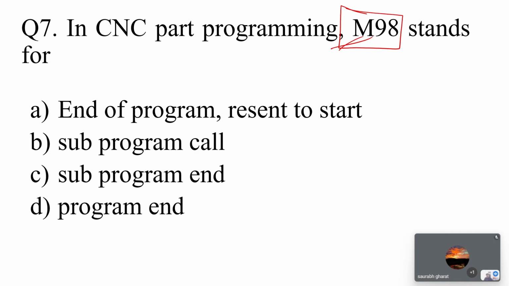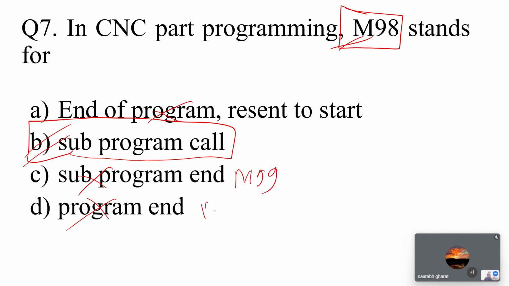So I told you M98. Okay, so end of the program and reset to start are different. The subprogram call is your correct answer. If you go from the literature, it is simple. Program end is M02, M99, I don't know, but it is not this part. M99 is for return and M98 is for subprogram call.